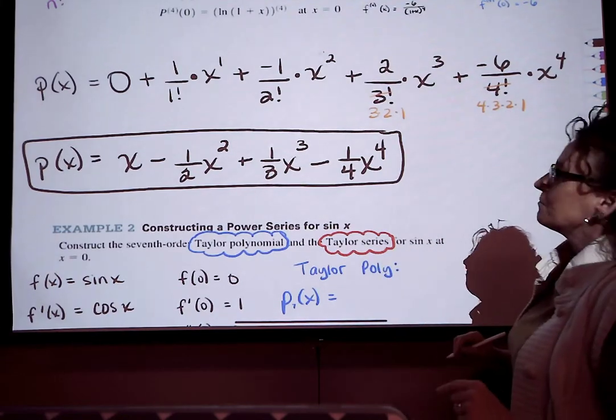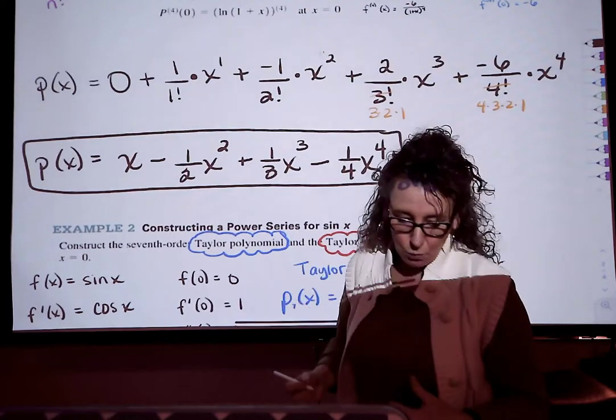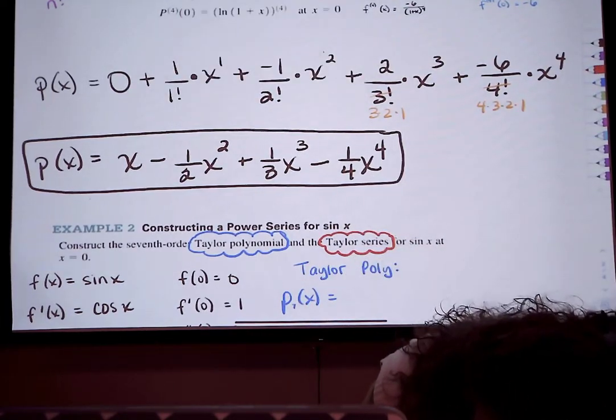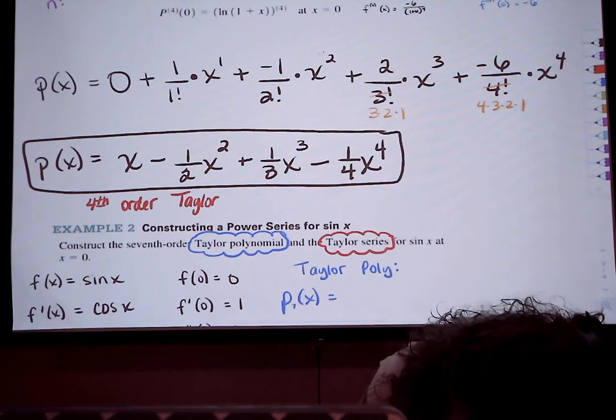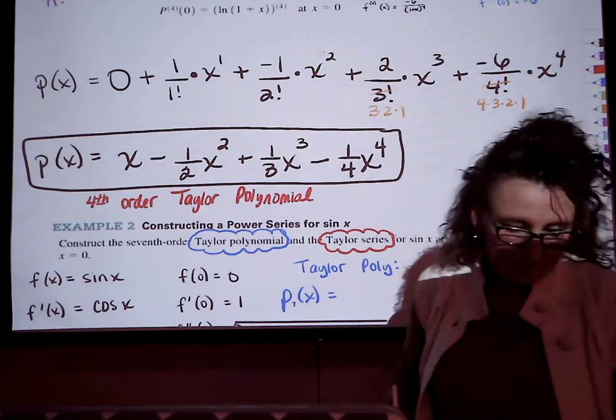Okay, now, as complicated as it was to get there, what if it went on? Oh, hang on. Just so you know, this is called a fourth order Taylor polynomial. I'll talk more about Taylor polynomials later.